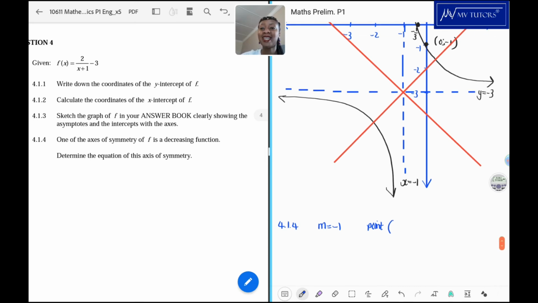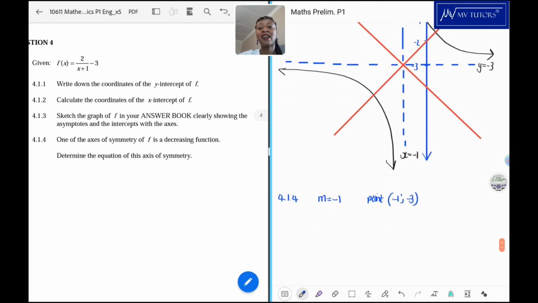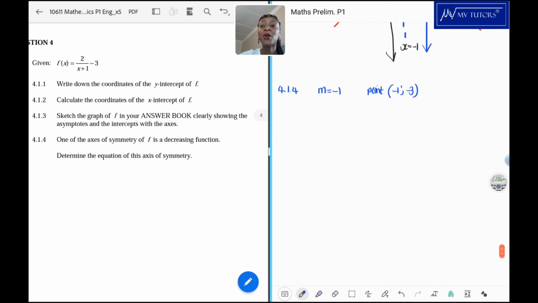So the point I'm going to use is the intersection of the asymptotes. I know that x is -1 and y is -3. So I have my gradient, I have my point, I can get the equation of the axis of symmetry using the straight line equation formula, which is y is equal to mx plus c.